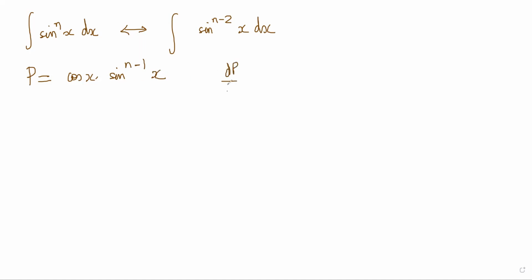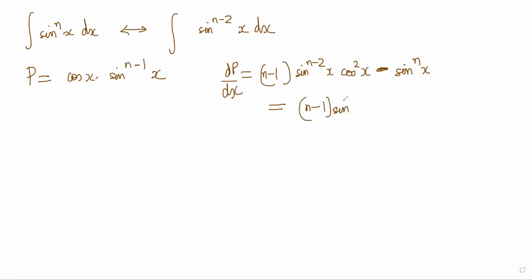So dp by dx will become equal to (n minus 1) sine (n minus 2)x cos square x, because sin x differentiation is cos x, minus sine power nx, because cos x differentiation will be minus sine x, and it will add to this. Simplifying this a little further, you get (n minus 1) sine power (n minus 2)x minus ((n minus 1) plus 1), so n times sine power nx. That is your dp by dx.